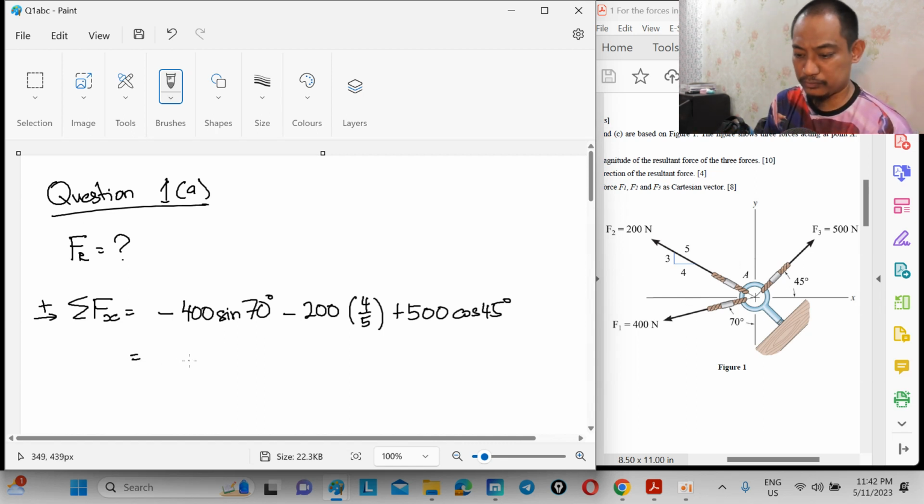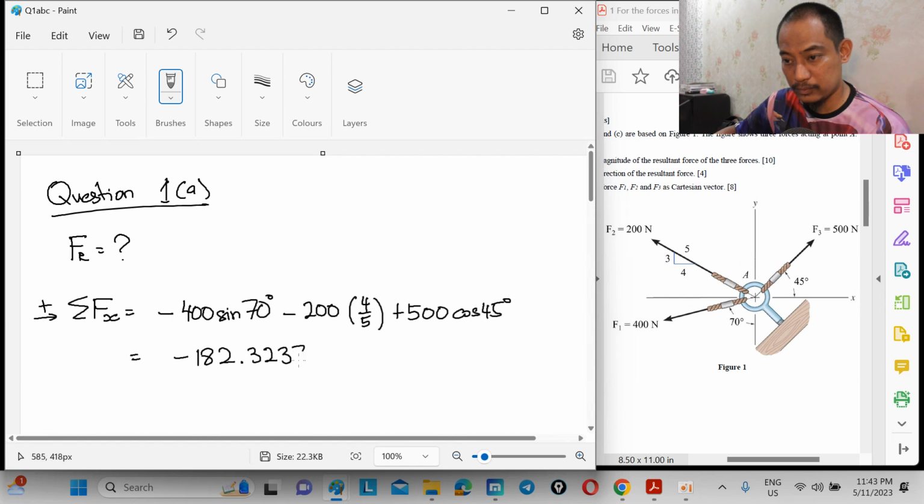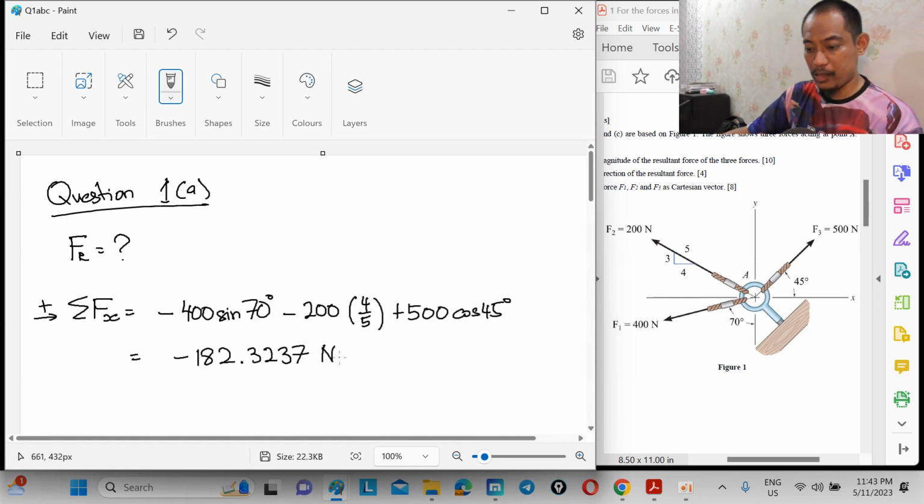So minus 400 times sine 70, minus 200 times 4/5, plus 500 times cos 45, gives minus 182.3237 Newton.